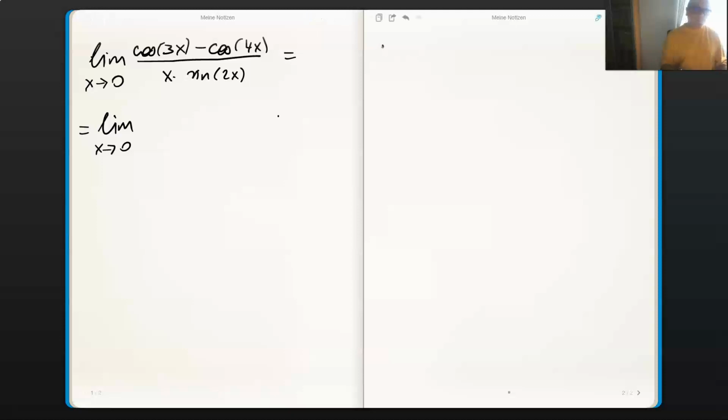So if you remember, cosine of alpha minus cosine of beta, I'll link the video also here, equals minus 2 sine of (alpha plus beta) divided by 2 times sine of (alpha minus beta) divided by 2 as well. But as I mentioned, I link it here.